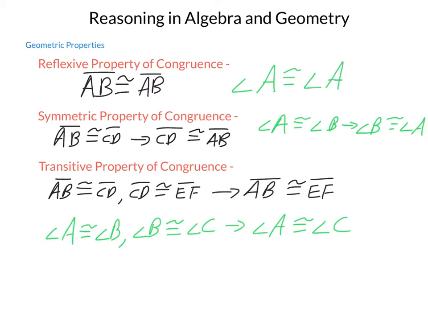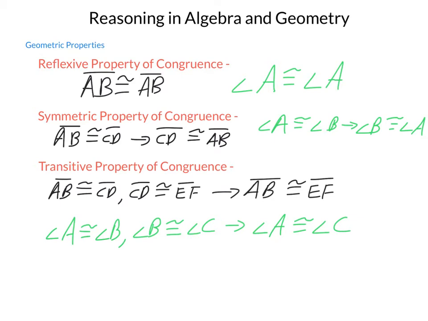Okay. So how do I really distinguish between the properties of equality and the properties of congruence? A lot of it comes down to just the symbols used. If you see an equal sign in between, we have a property of equality. If you see a congruent sign, we have a property of congruence.